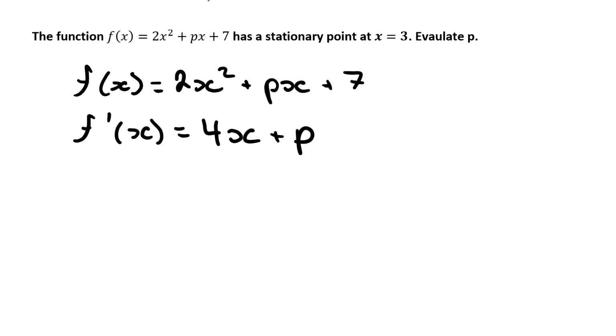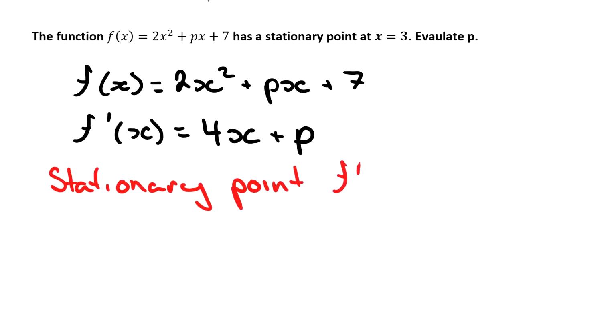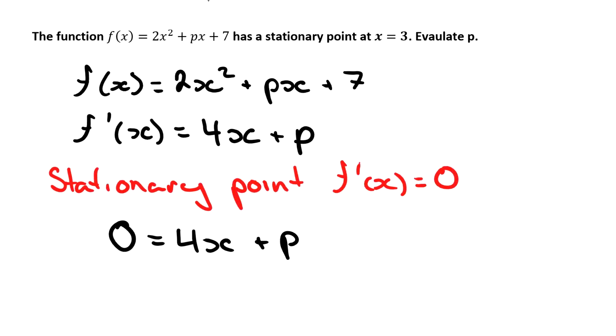Now, we know there's a stationary point, and remember, like we did in the last one, there's a stationary point when our derivative function, the differentiated function, is equal to 0. So I know that 0 equals 4x plus p, but I also know what our x value is.